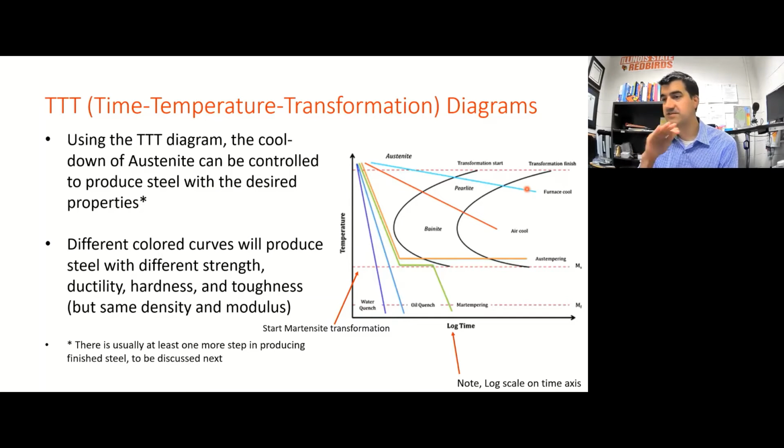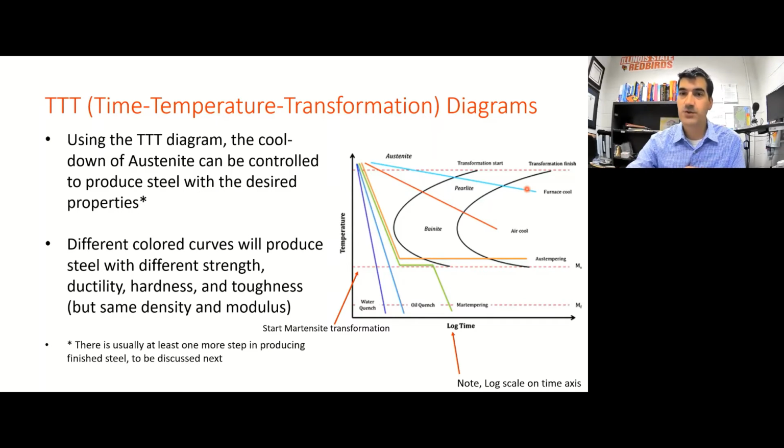In general, the slower you cool it down, the more of the equilibrium phases you're going to get, like ferrite and pearlite and cementite. And in general, the more equilibrium phases you get, the tougher and more ductile your material is going to be, but it's going to be a little bit less strong and less hard as well.